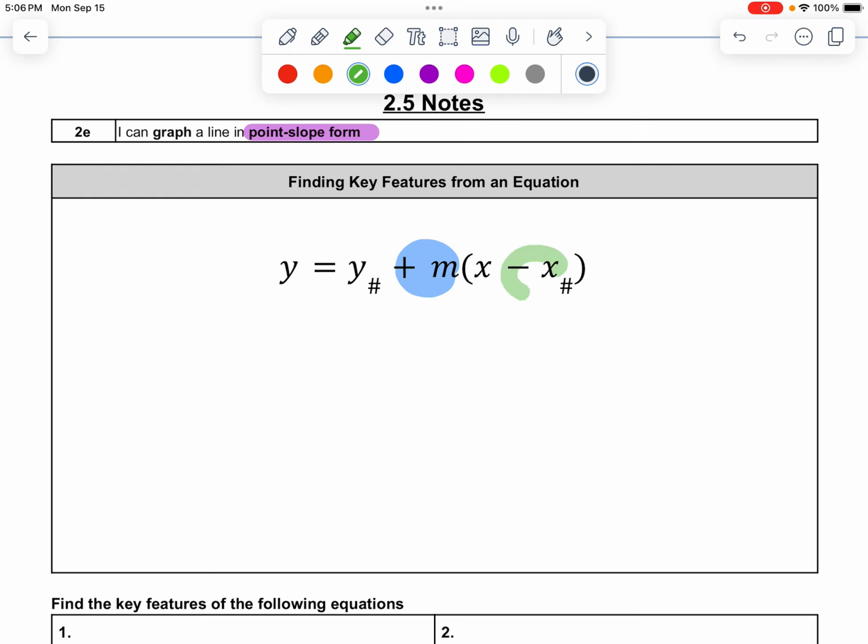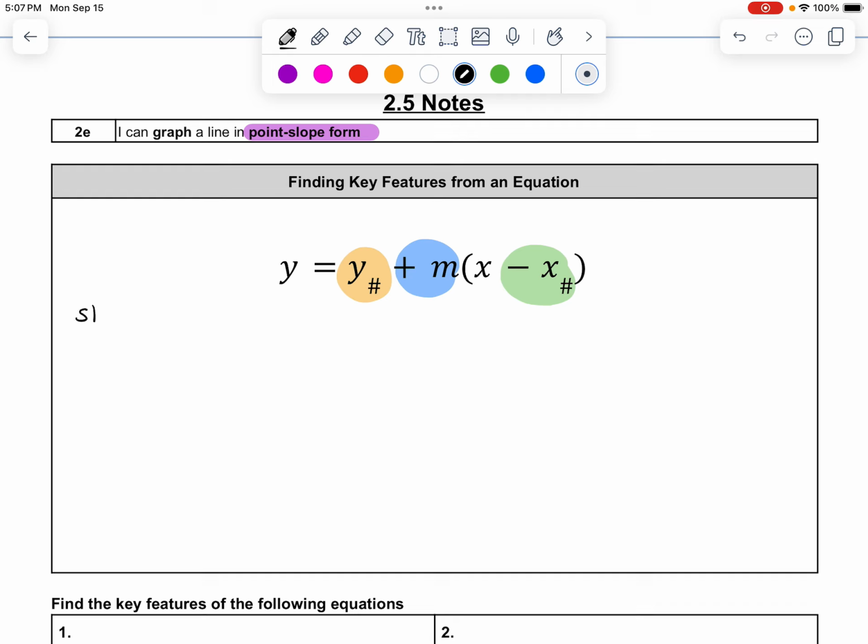The second number is the x number, and the third number is the y number. Let's talk about what each of these numbers tells us about the graph that we need to make. By looking at these numbers, we are going to be able to identify two key features.